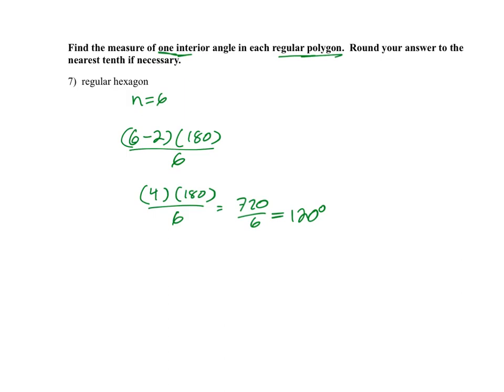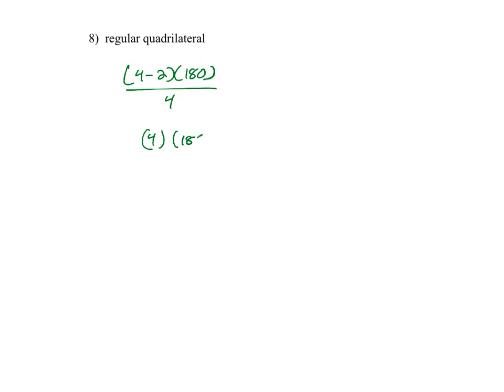Each angle of that regular hexagon is 120. Regular quadrilateral, this one is pretty easy. We're going to use the formula: 4 minus 2 times 180 divided by 4. So 2 times 180 divided by 4, and that's 90 degrees.